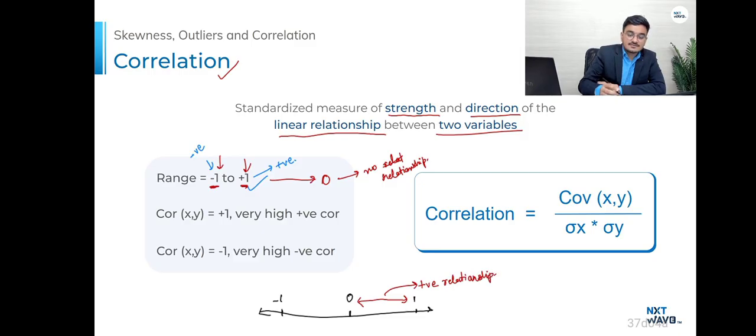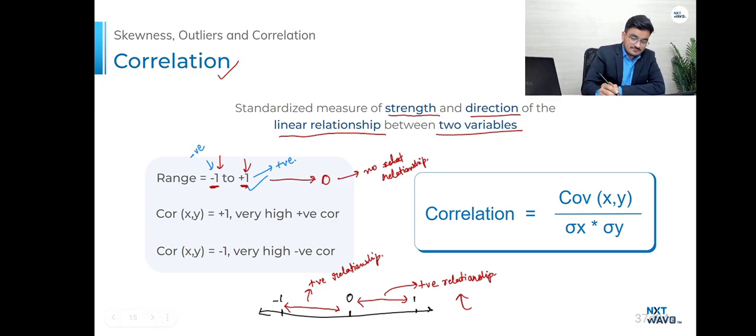And if the value of correlation between two features fall within this range from -1 to 0, they will have a negative relationship. And the higher these values will be, either on the positive side or the negative side will depict how much is our correlation or how much the change in one variable actually affects the other variable.